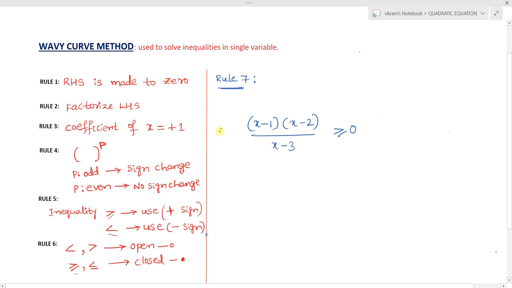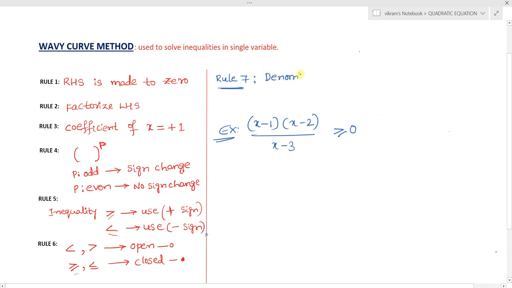Now if the given inequality is in the form of numerator by denominator, how do we solve this type of inequality? It follows all the same rules, but here we need to consider the denominator factors.